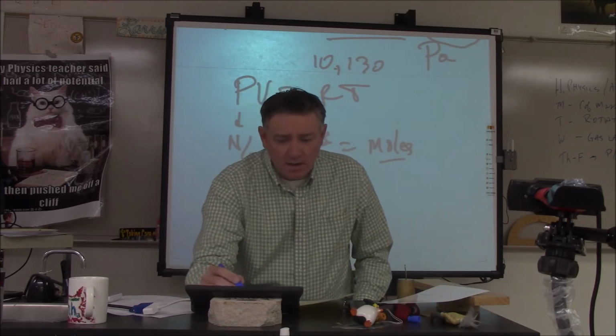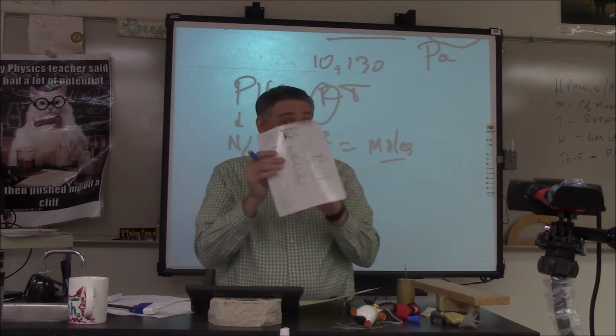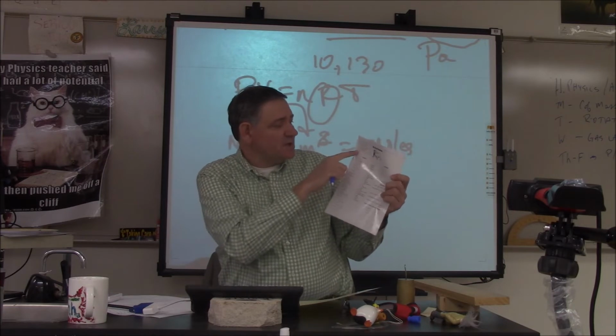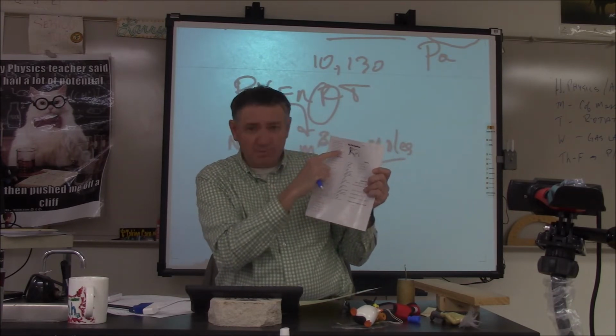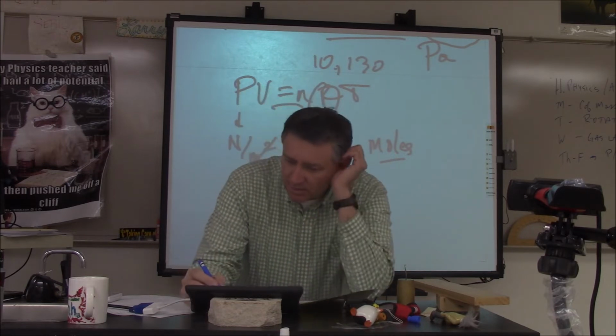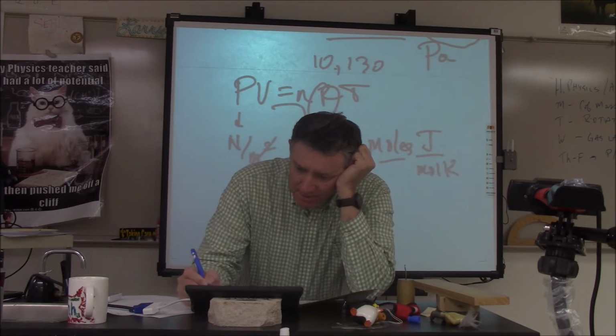Now, R is what's known as the ideal gas law constant. For those of you that are in my honors physics class, you have this R right here, which is 8.314 joules per mole Kelvin. So this R is in joules per mole Kelvin.